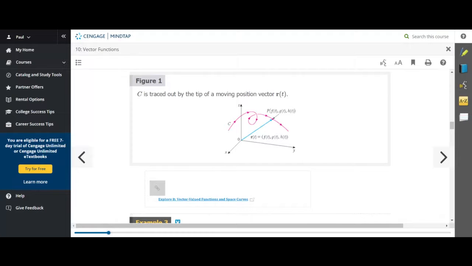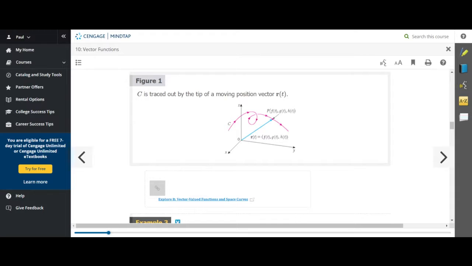So for every value of t, r of t is a specific vector. And as t varies, the vector moves in space, like a pencil moving along a paper. As the pencil moves, the tip of that pencil traces out a curve in space, and we call r of t a position vector.